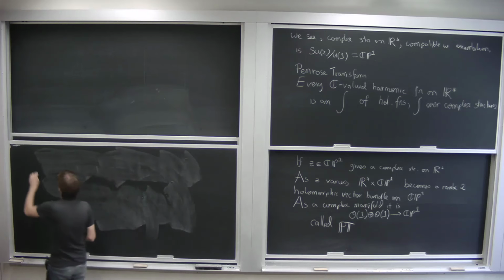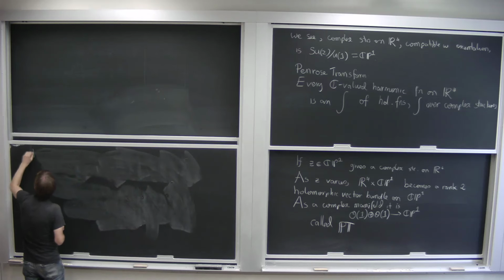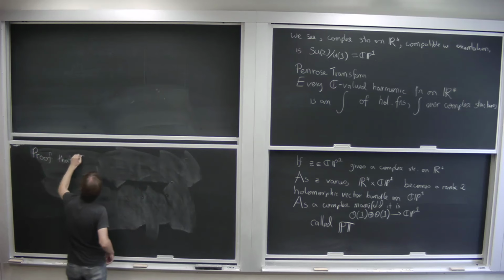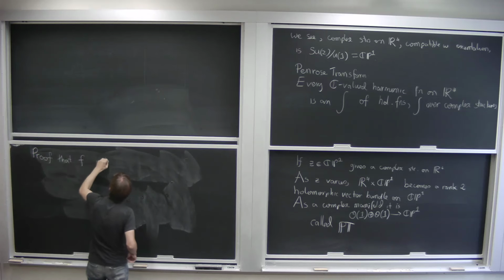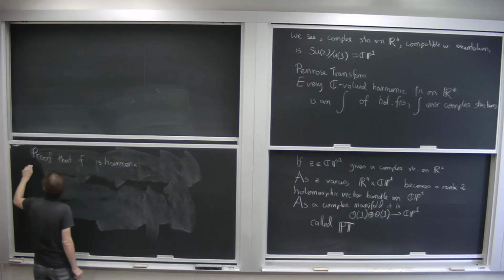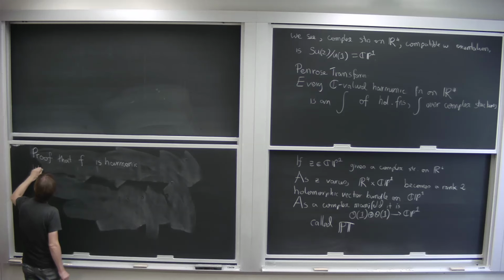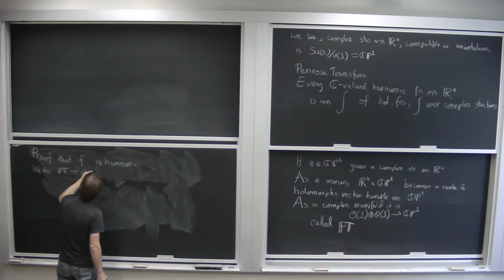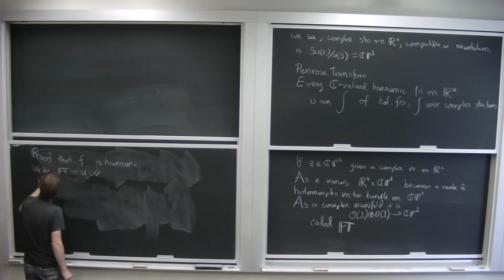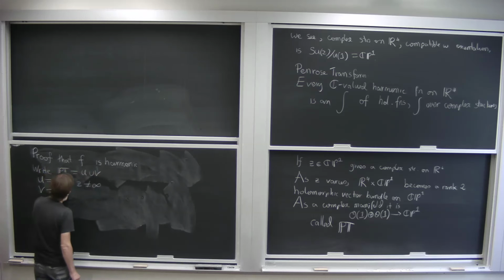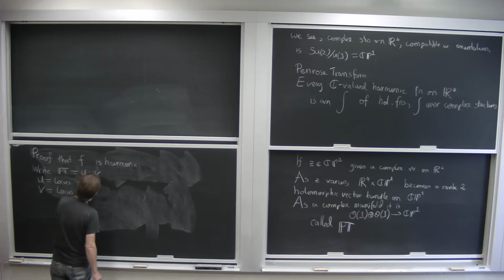So here's the idea of the proof. I'll give you the proof that f is harmonic. So we'll write twistor space as a union U union V, where U is the locus where z is not equal to infinity, and V is the locus where z is not equal to 0.